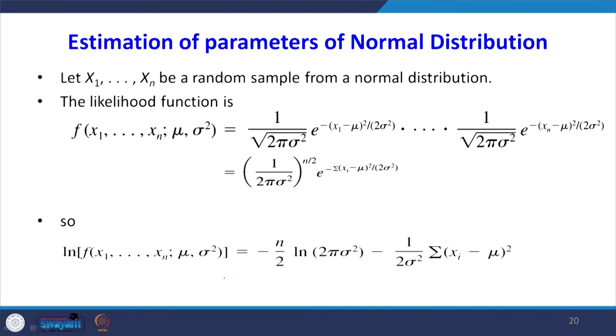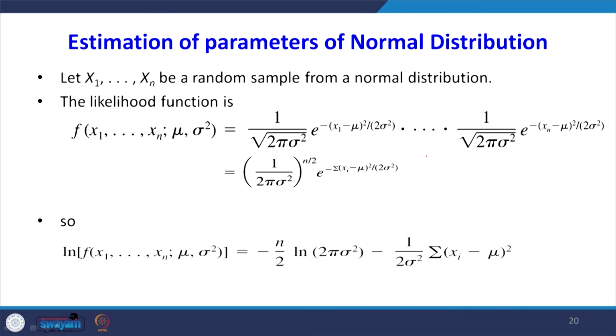As usual, the likelihood function for a normal distribution: we know the probability density function is 1 by root of 2 pi sigma square, e to the power minus x1 minus mu whole square divided by 2 sigma square. Like that there is term 1, term 2, up to the nth term, when you substitute x2, x3, so you will get n different terms. That is the joint probability function.